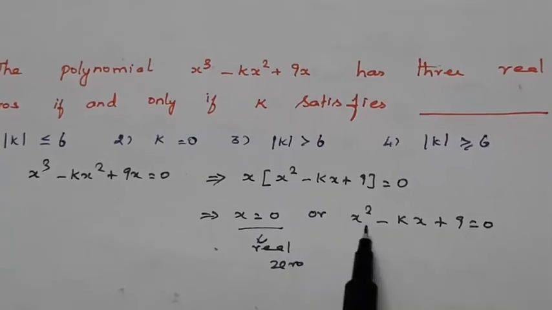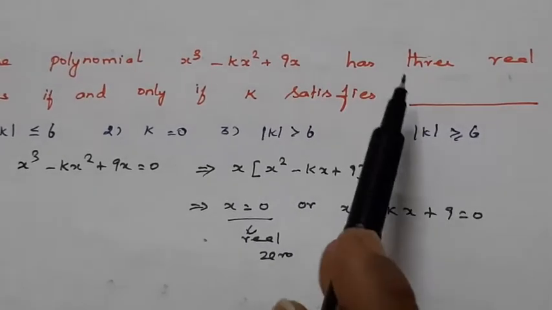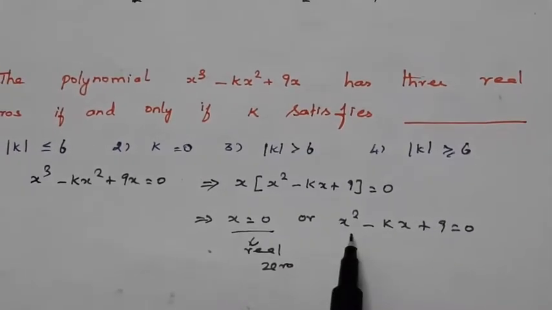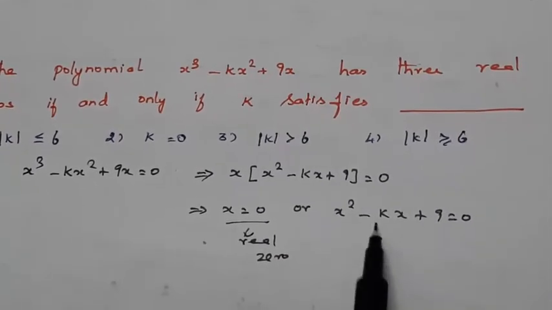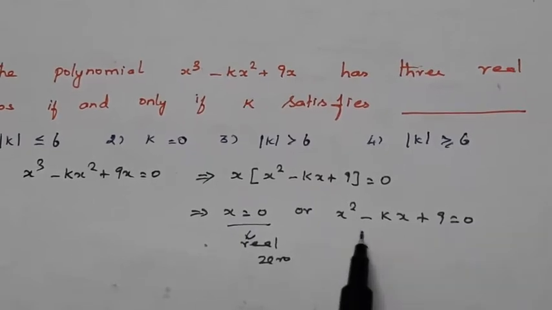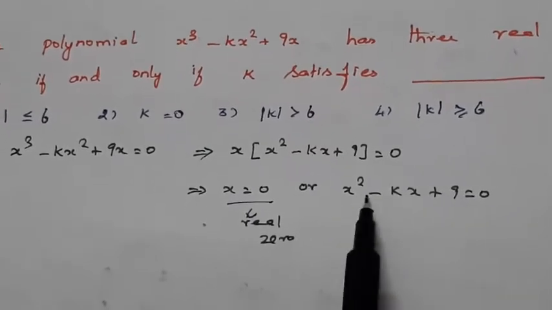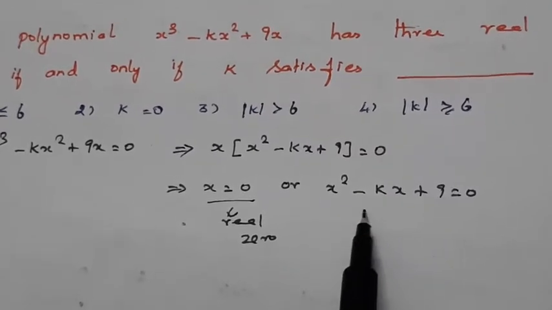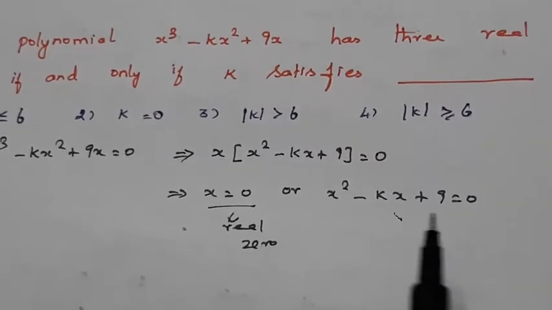Then this quadratic should give 2 real zeros, because the question has given that this polynomial has 3 real zeros. When a quadratic has real roots, the condition is that the discriminant must be greater than or equal to 0.